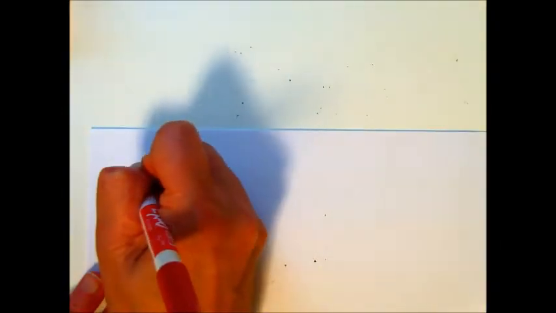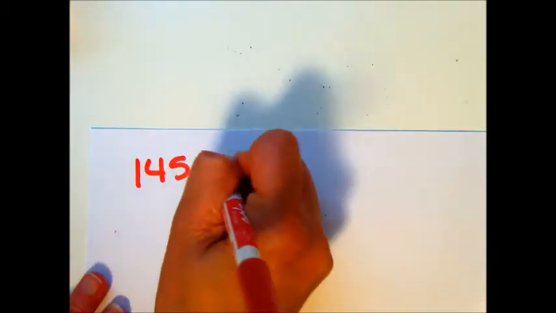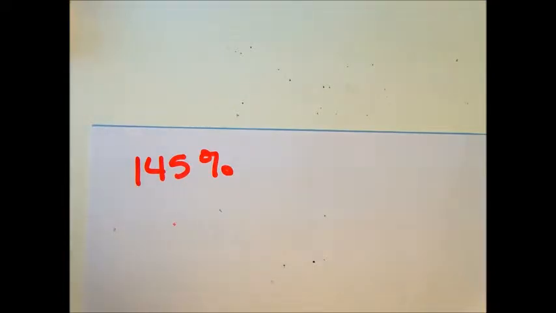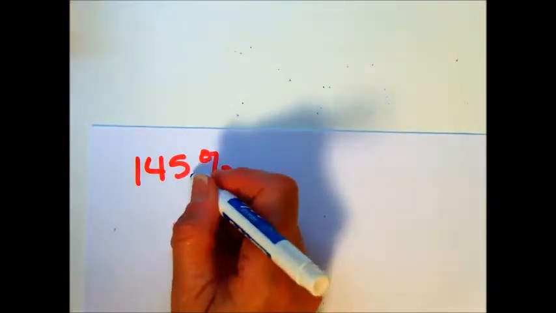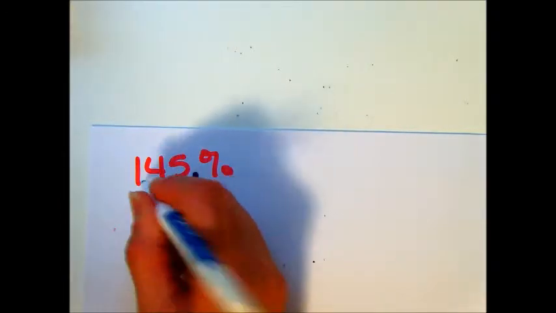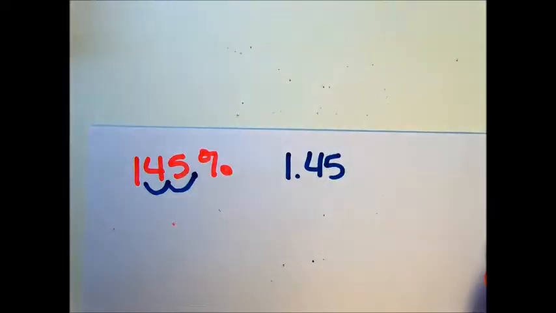Now, what if we have a mixed number? For instance, I have a percent that's larger than 100. So 145%. Like the last ones, I'm going to find the decimal, which is going to be here. I'm going to go 2 places to the left, and I get 1.45, or 1 and 45 hundredths.